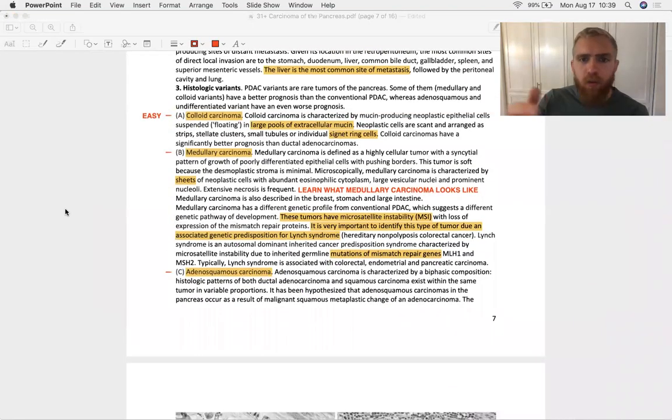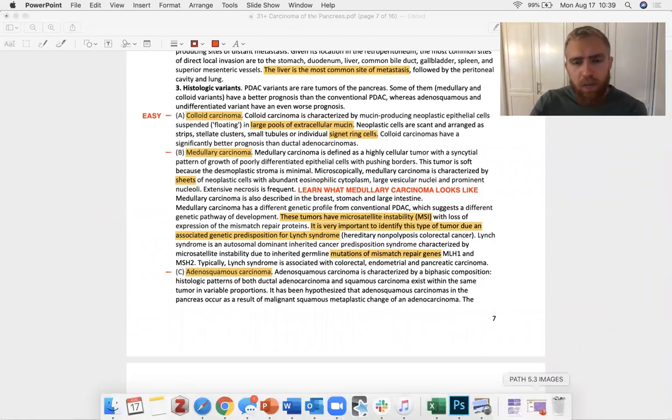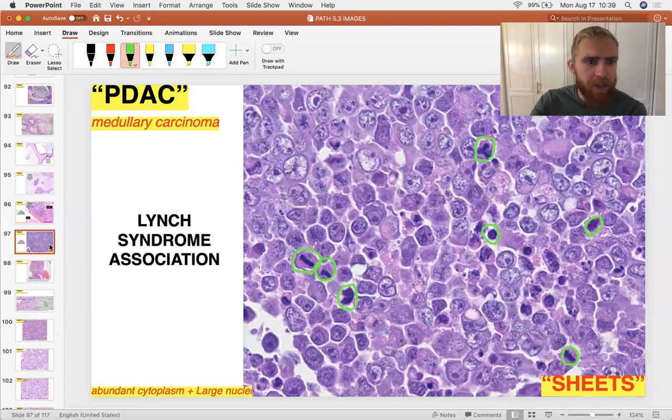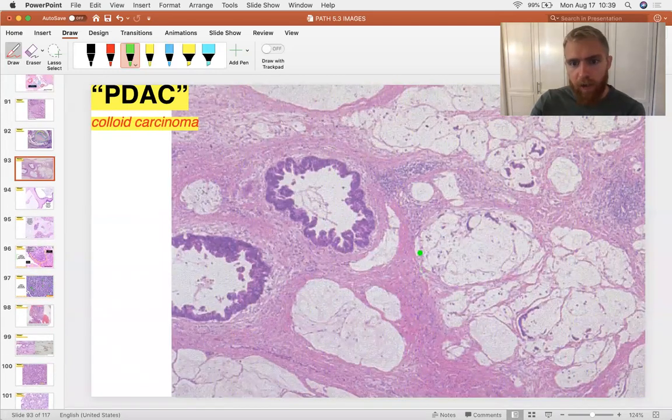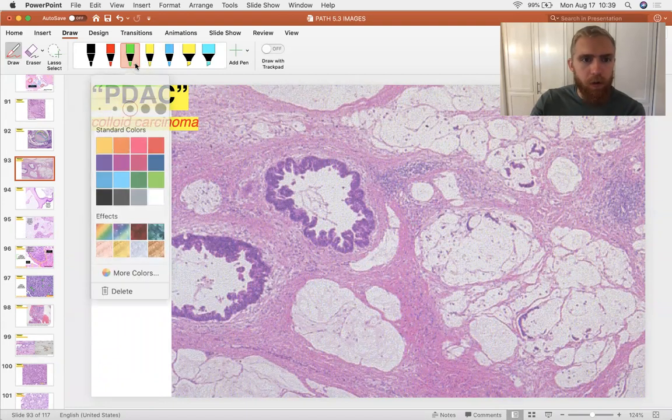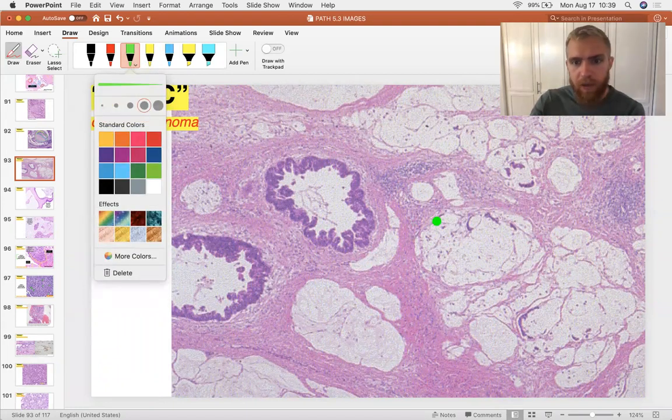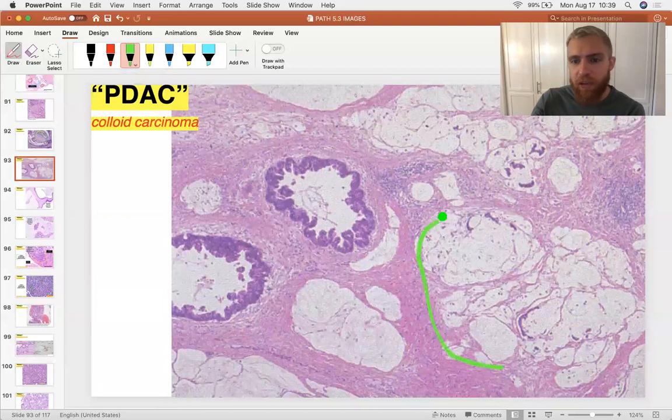So these other variants, we'll take a couple of looks at them. Colloid carcinoma, that's going to be cash money. Signet ring type cells with a bunch of mucin. Here's what one looks like. Again, just very, very abundant mucin. So the challenge for this is going to be a confounding answer choice when they give you a question about a pancreatic cyst, okay? Because this is not a cyst.